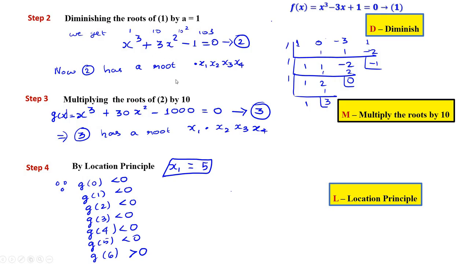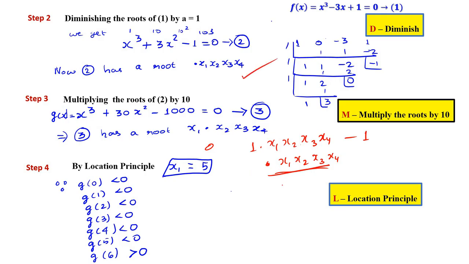So now it has a root. Suppose the given root is 1 point x1, x2, x3, x4. You have diminished this by 1, which means the new equation will have its root as 0 point x1, x2, x3, x4, because you have diminished 1 from it. That is what we have here.